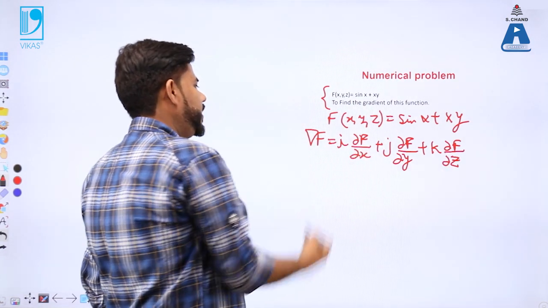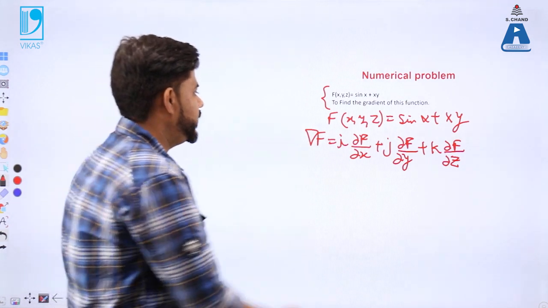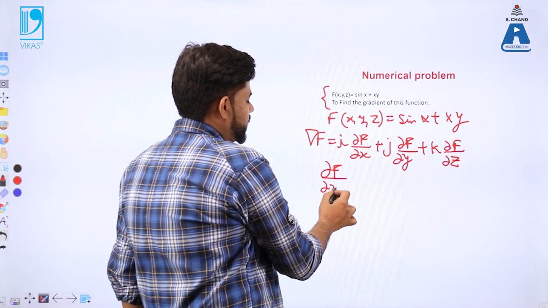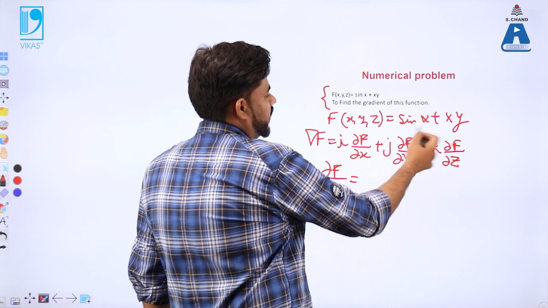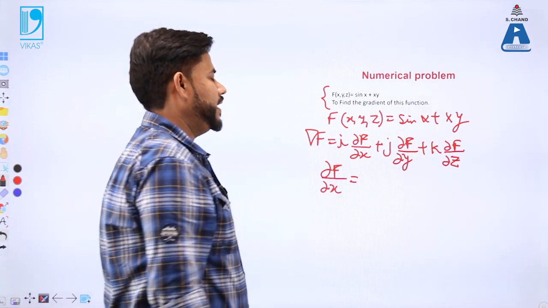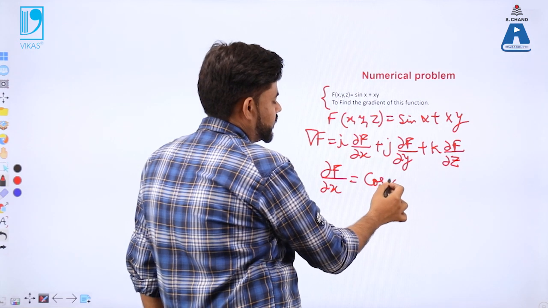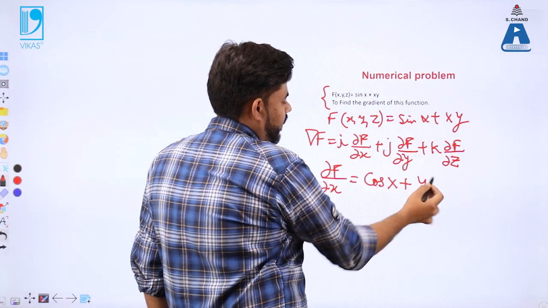Individually I need to find del f by del x, del f by del y and del f by del z. Firstly del f by del x: the derivative of sin x is cos x plus the derivative of xy, which is y.